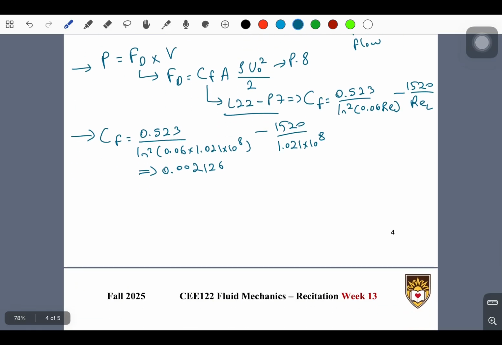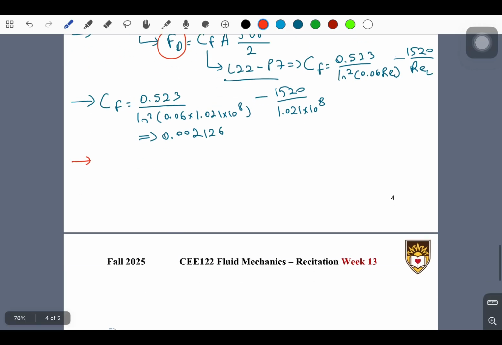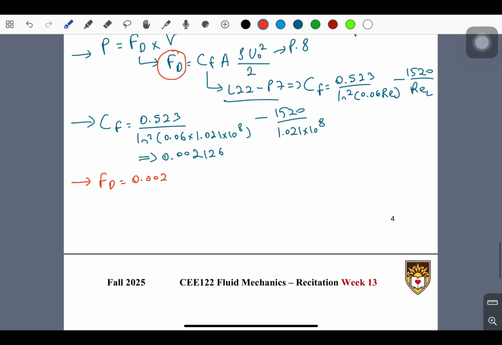And now we can calculate the drag force. And drag force, I'm not sure if I defined that, but it is the resistance of fluid to the motion, to the movement, and it acts opposite to the flow direction. So to calculate the drag force, we will be using this equation. We calculated this coefficient, and we will have area.